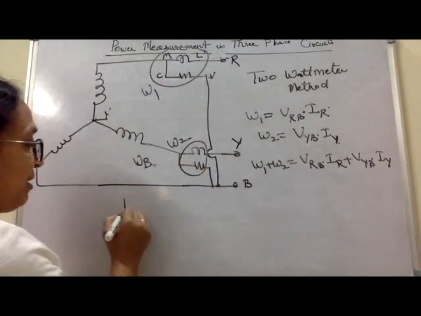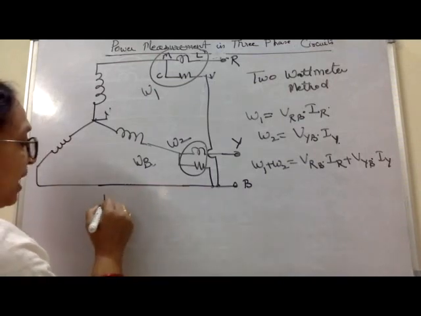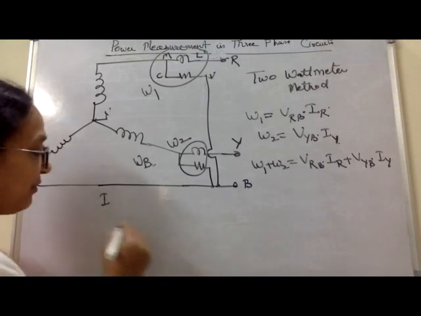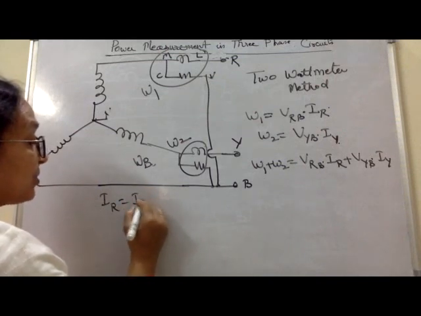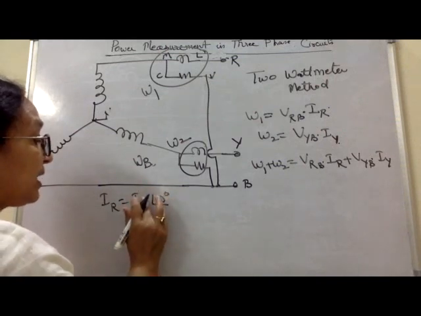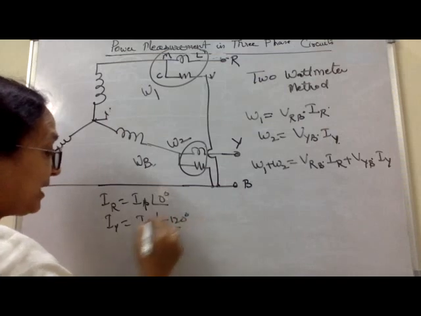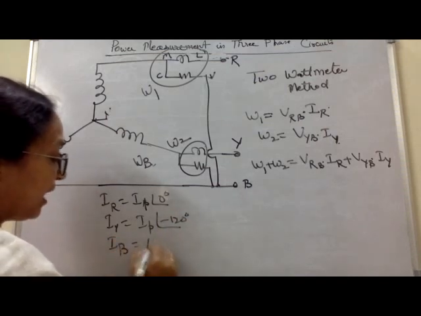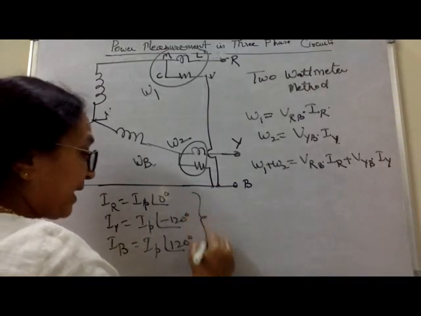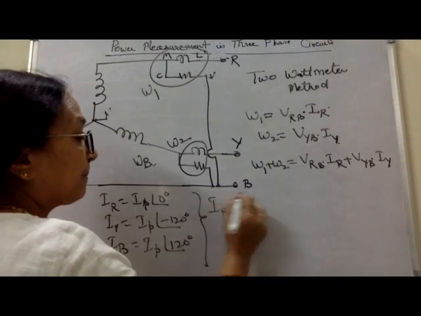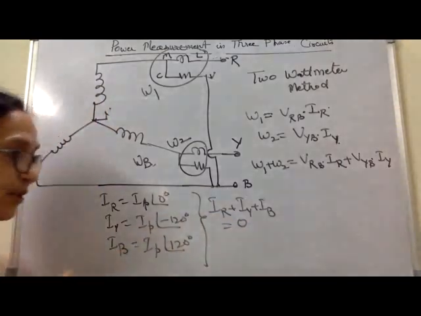Now for any 3-phase connection, as we have seen, the 3 terms are at a 120-degree phasor difference each. Suppose IR is the reference, so IR is I phase at angle 0 degrees, IY is I phase at angle minus 120, and IB is I phase at angle plus 120, or minus 240. Now if you make the sum of IR plus IY plus IB, this comes to 0.